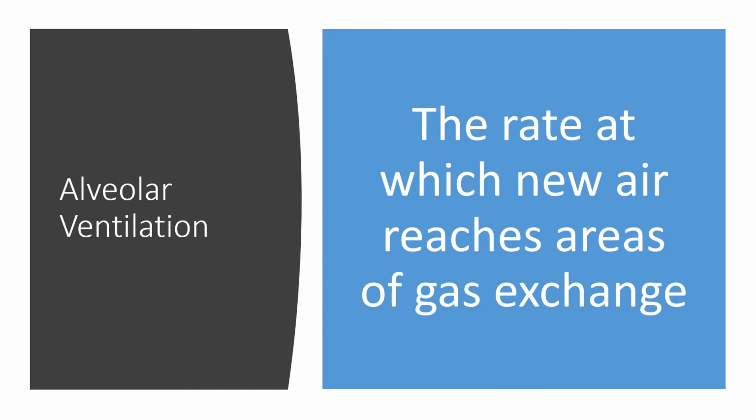The ultimate importance of pulmonary ventilation is to continually renew the air in the gas exchange areas of the lungs, like the alveoli, alveolar sacs, alveolar ducts, and respiratory bronchioles.